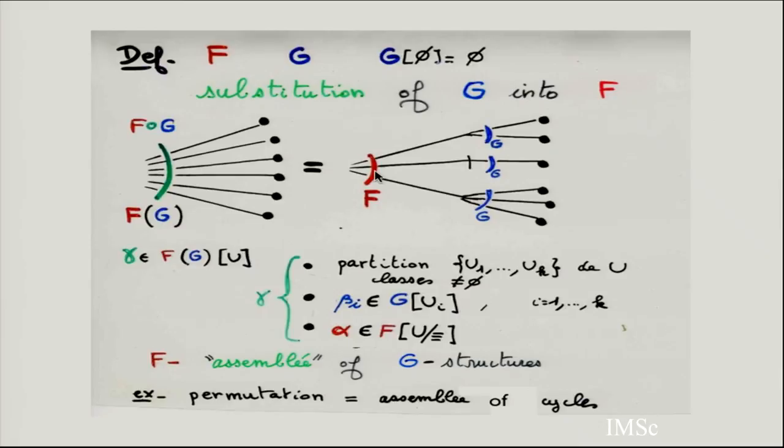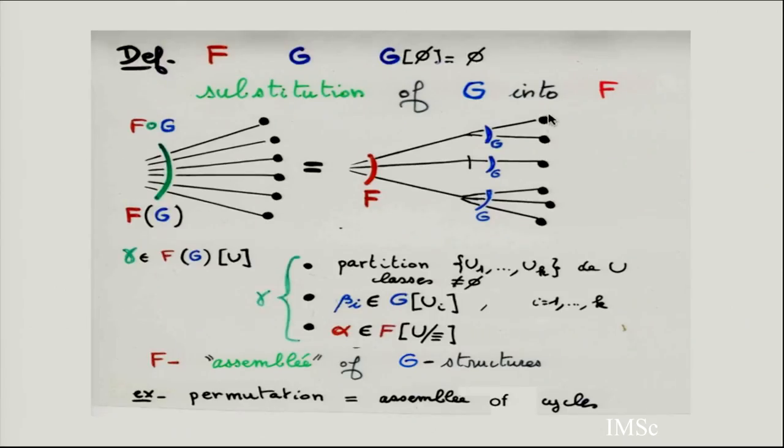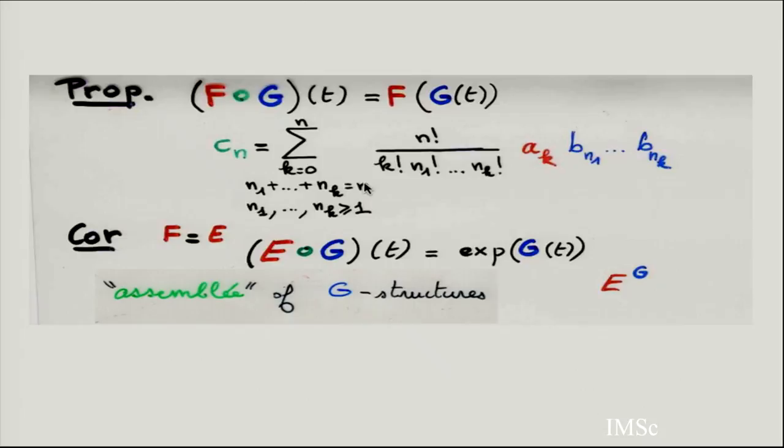And then I will go maybe a little fast now. For this operation, the relationship between generating functions is that it corresponds to the composition of generating functions. And to compose is equivalent to this equality. So what does it mean? Here, factorial n divided by factorial n1, factorial n2, up to factorial nk, this multinomial coefficient is a choice of partition, but the blocks are ordered. Then dividing by k factorial means I am taking the blocks without their order.